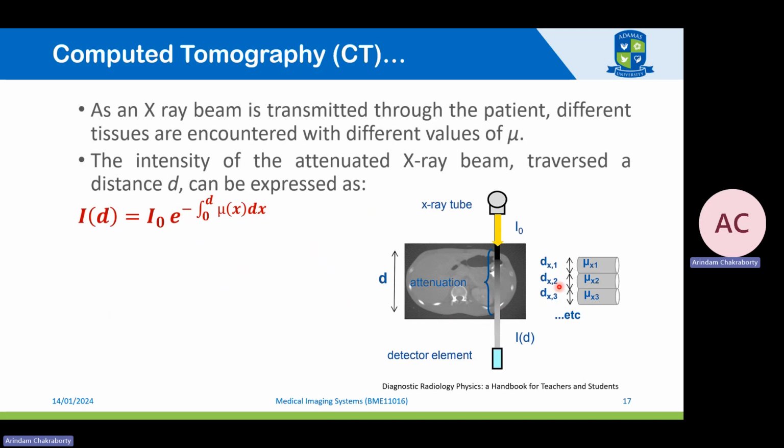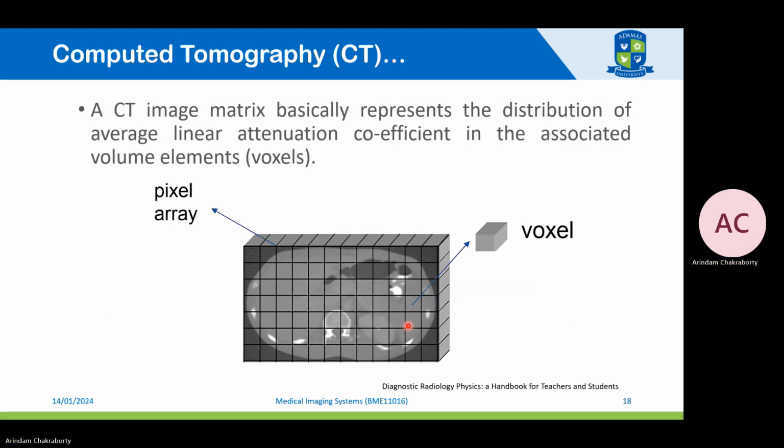They are basically the sum of all the attenuation coefficients along a particular ray, that we find by integrating over this length. This is what is used to generate the final CT scan image using the computerized algorithms.